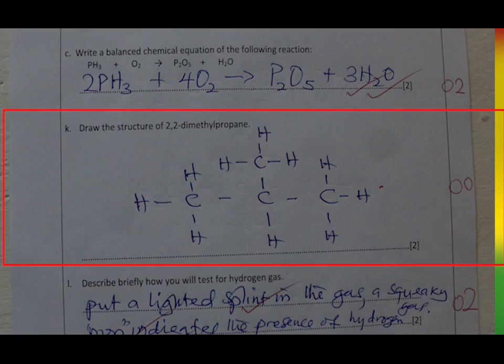You should have indicated the other one. And the other one was also on the second carbon atom. So you should have positioned the second methyl group on the carbon atom to score the full mark. This was the only answer that you had wrong. You did well. Keep it up.